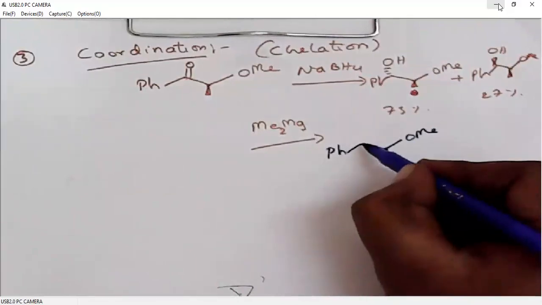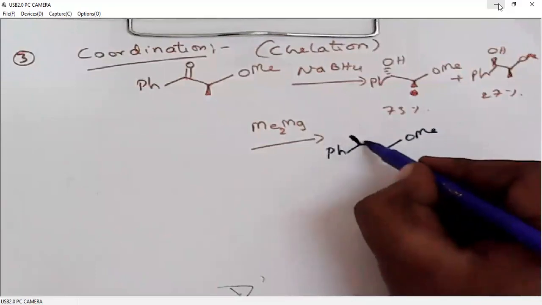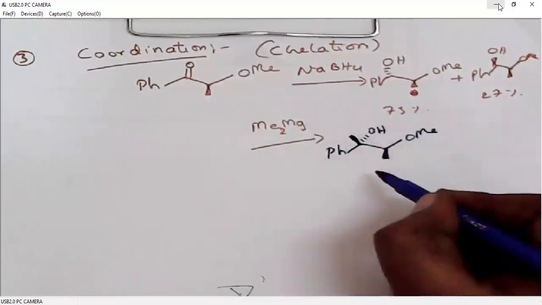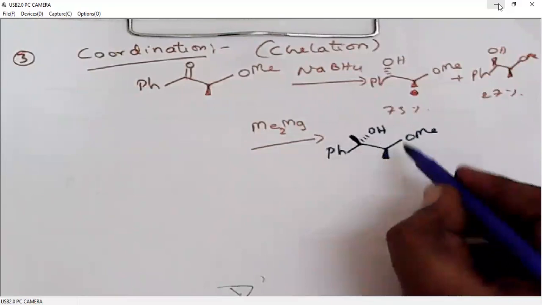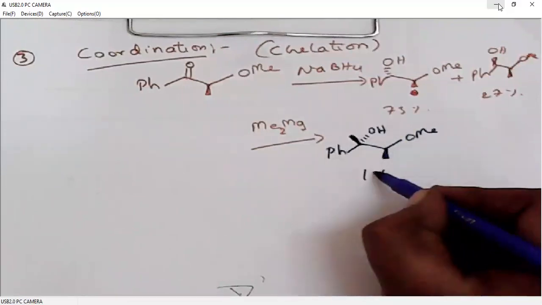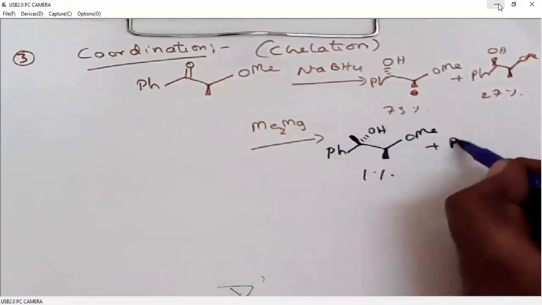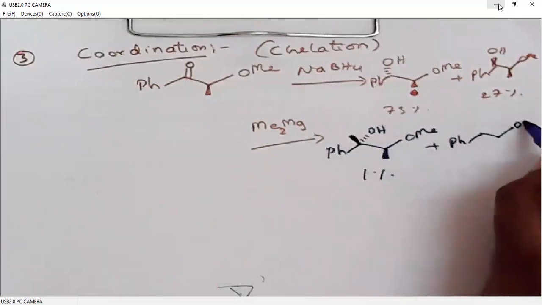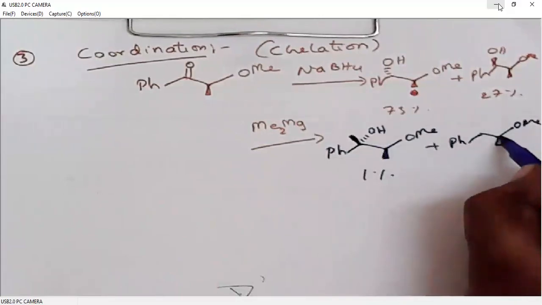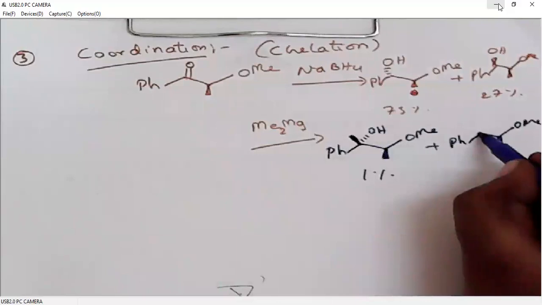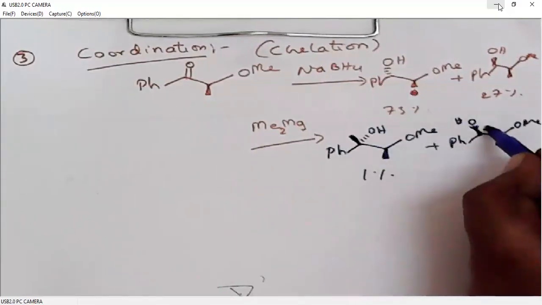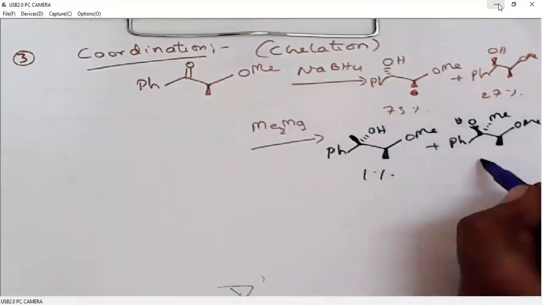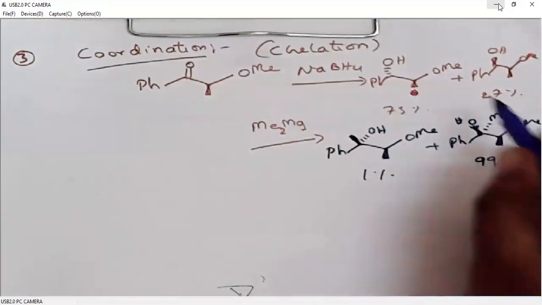The anti product is 1% only, but the major one is the syn product. That means methyl and OH both are on the same side. So it is the major. It is exactly the reverse of the product here.